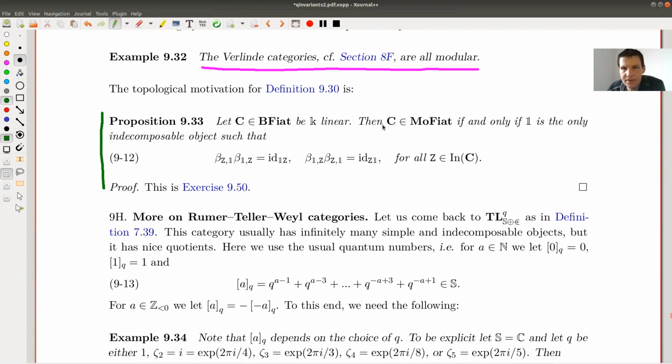So a category which is reasonably interesting is modular if and only if the unit is the only indecomposable object which braids trivially with everything. This is so-called transparent: it braids trivially.